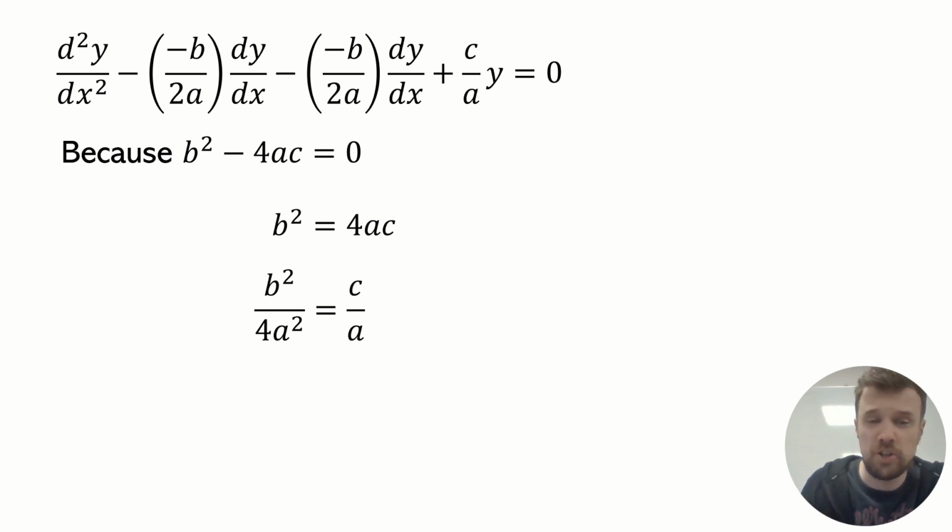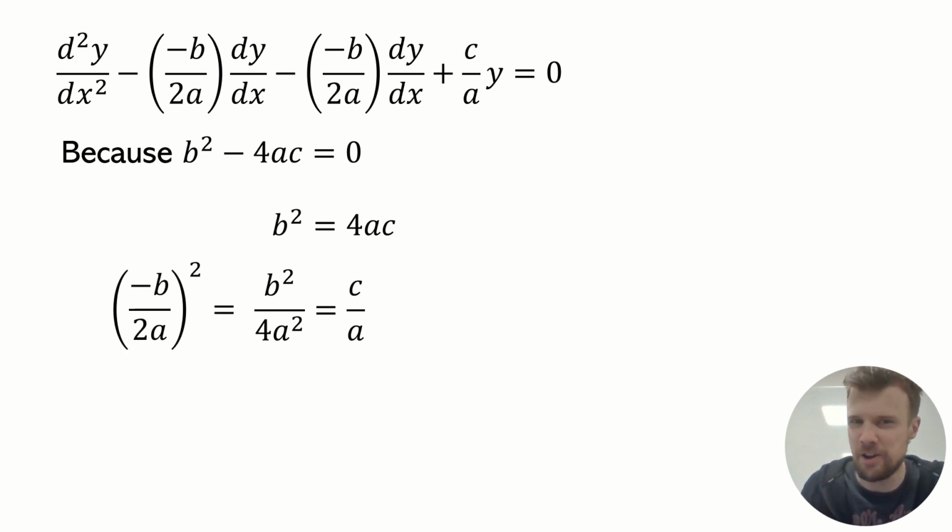Which is cool because b squared over 4a squared is secretly (b over 2a) all squared, or (minus b over 2a) all squared. So therefore, indeed, minus b over 2a is also what you need to multiply by itself to get the c over a on the end here.